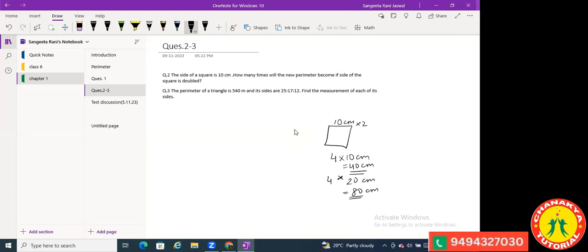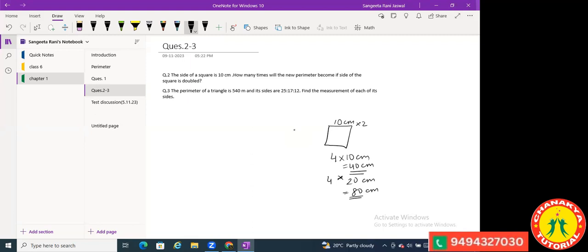Hriday, please show me your notebook, wherever you are doing the sums. Please show me your work. Teacher, in science class, ma'am told that she shares the notes, so I didn't make notes.